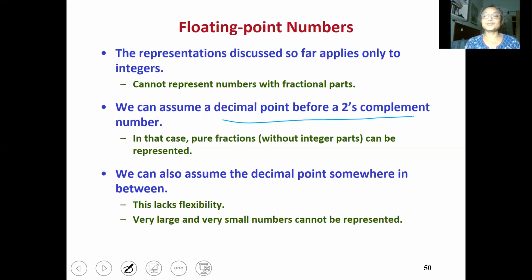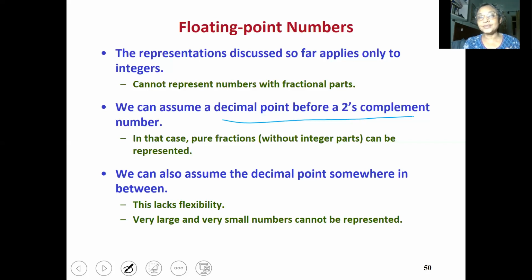We can also assume that the decimal point is in position 7 or 5. But this will lack flexibility and we will not be able to represent very large numbers or very small numbers. So if you have 16 bits for the number, we can assume that the first 8 bits are the whole part and the last 8 bits are the fractional part.